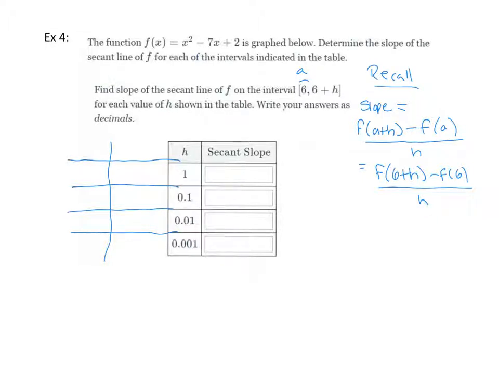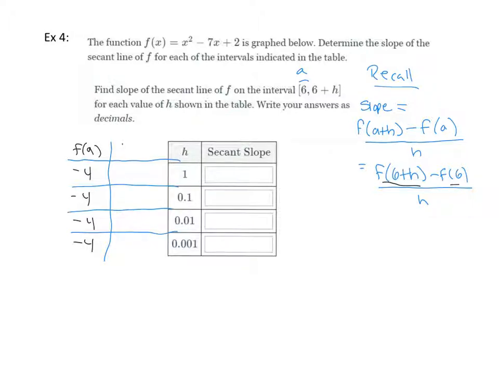We really need to know what f of 6 plus h is going to be and what f of 6 is going to be in each of these cases. Now, f of a is always just going to be f of 6. F of 6, I plugged it in, and I got out -4. So you might just plug 6 in, make sure you get -4. I'm just going to copy that down here, since that's not changing.